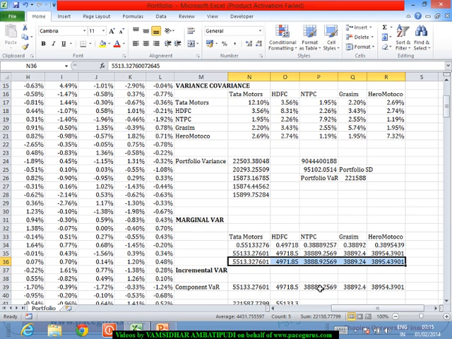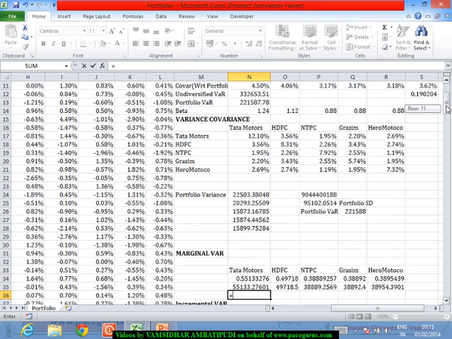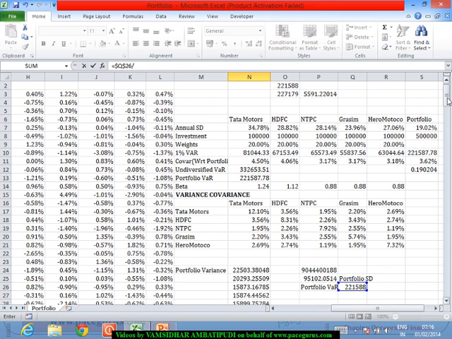I could have got the marginal VARs as the value at risk of the portfolio, which is this value at risk of the portfolio, divided by the total portfolio value, which is 500,000, which I will take from here.